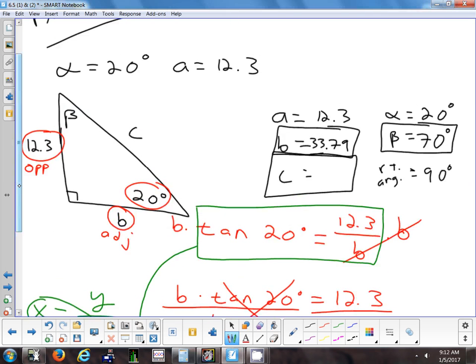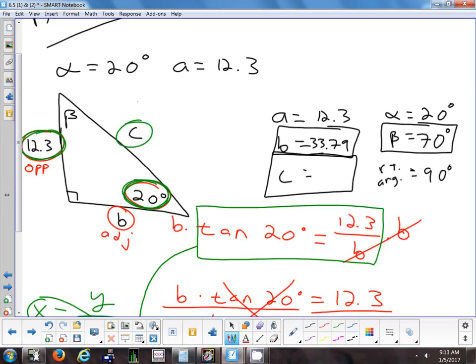Okay, so now let's find C. We're going to go back to what was given, 20, the 12.3, and now I want C. Okay, so focus on what's in green there. So we've named two of the sides. I didn't name C yet. What's the name of that side?